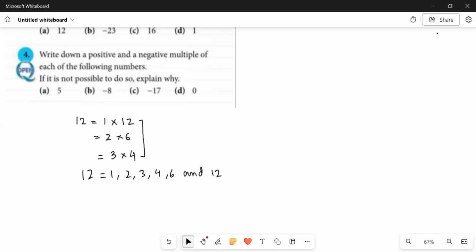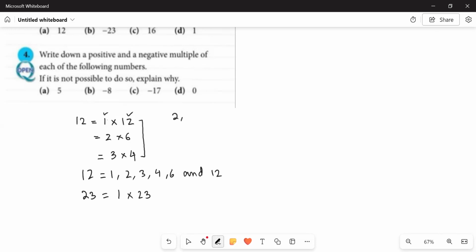For composite numbers, we have more than 2 factors, that is, 1 and itself and more. At least there are 3 factors. But for prime numbers, we have only 2 factors. So if I multiply 1 by 23, we will get 23. There are no more factors for prime numbers.